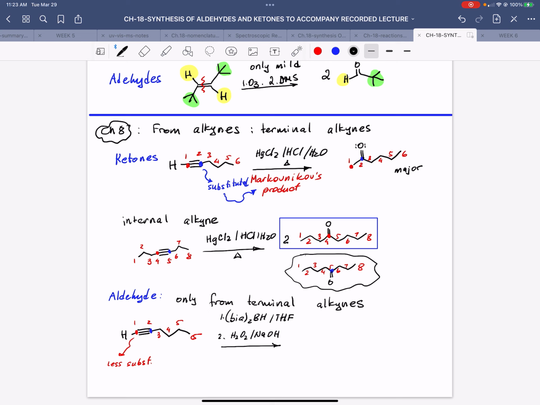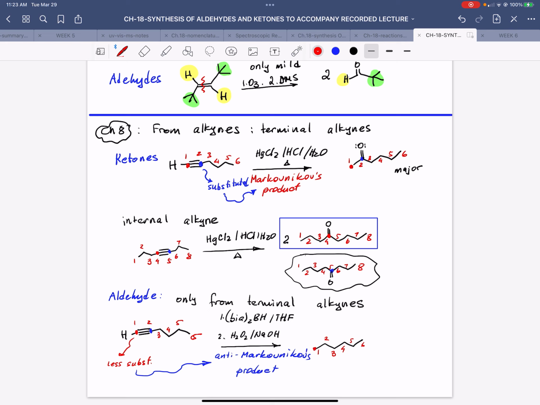The outcome of this reaction is going to be an anti-Markovnikov product where oxidation will happen on the terminal position. 4, 5, and 6.